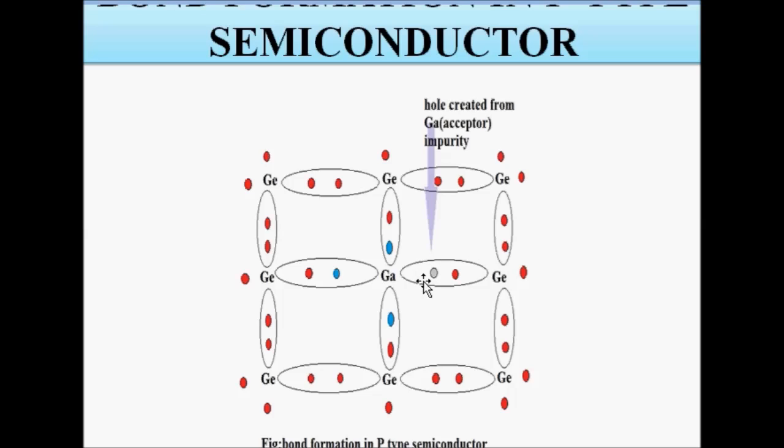As the hole or the deficiency of electron creates a net positive charge, that's why this type of extrinsic semiconductor is called a p-type semiconductor or positive type semiconductor. Here gallium accepts electrons from neighboring atoms, so that's why it is called an acceptor impurity.